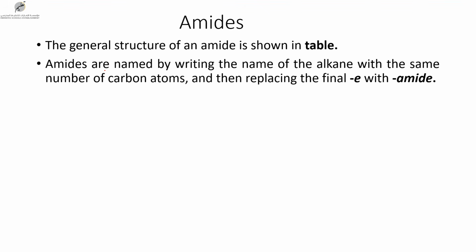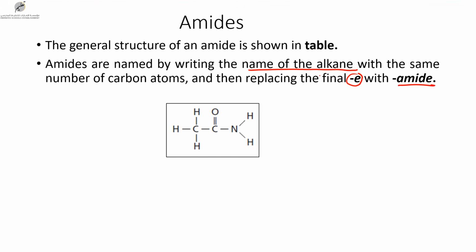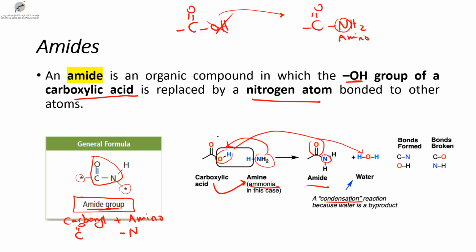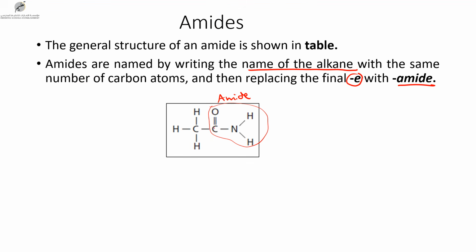So how do we give names to amides? The naming of amides is very easy. They are named by writing the name of the alkane. It's like the one for aldehydes and ketones, remember? So we will only remove the E and replace it with amide. So for example, look here. This is an amide group, right? Because you have a carbonyl, and the carbon of the carbonyl is bonded to nitrogen.